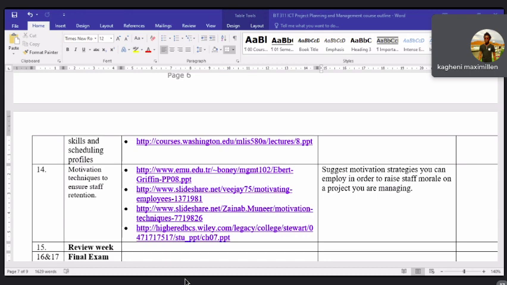Don't demoralize staff. We shall look at how to motivate them and how to demoralize them, and what are the consequences of demoralized staff? You know them.